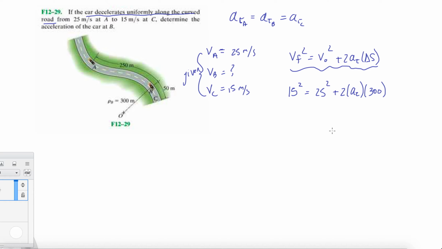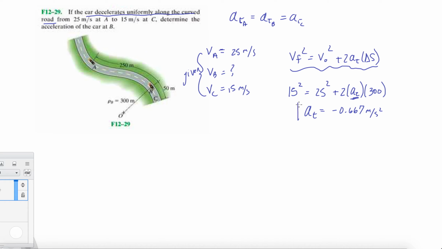When I do this, I get A_T is minus 0.667 meters per second squared. So you have to reorganize this and solve for A_T.